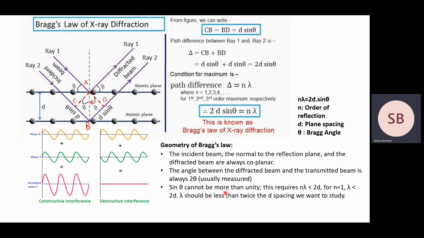Since sine theta cannot be more than unity, n lambda is less than 2d. For n equal to 1, lambda is less than 2d. So the wavelength that we take should be less than twice the spacing between the crystal planes.